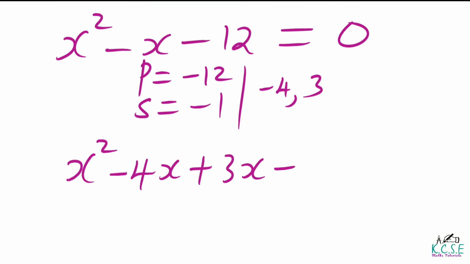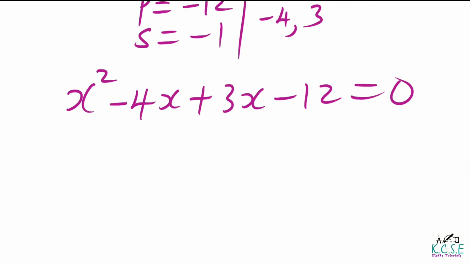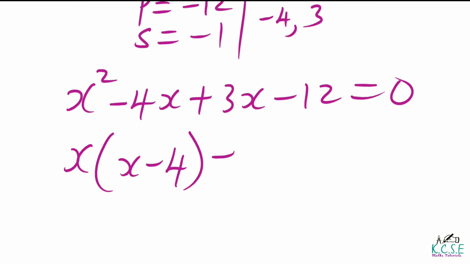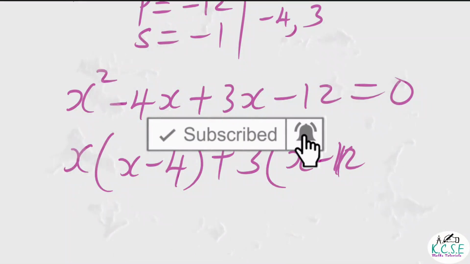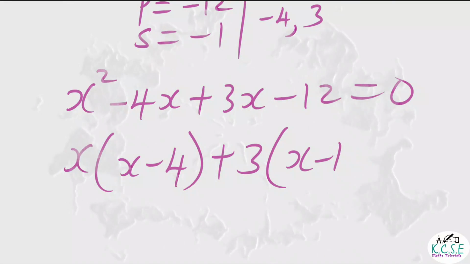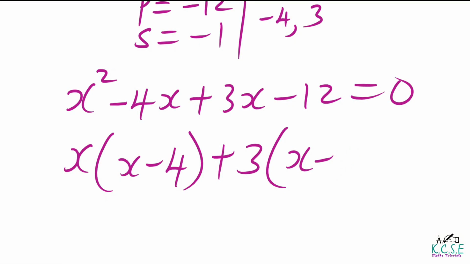When we factorize, this will give x minus 4 and x plus 3, so x minus 4 is equal to 0.